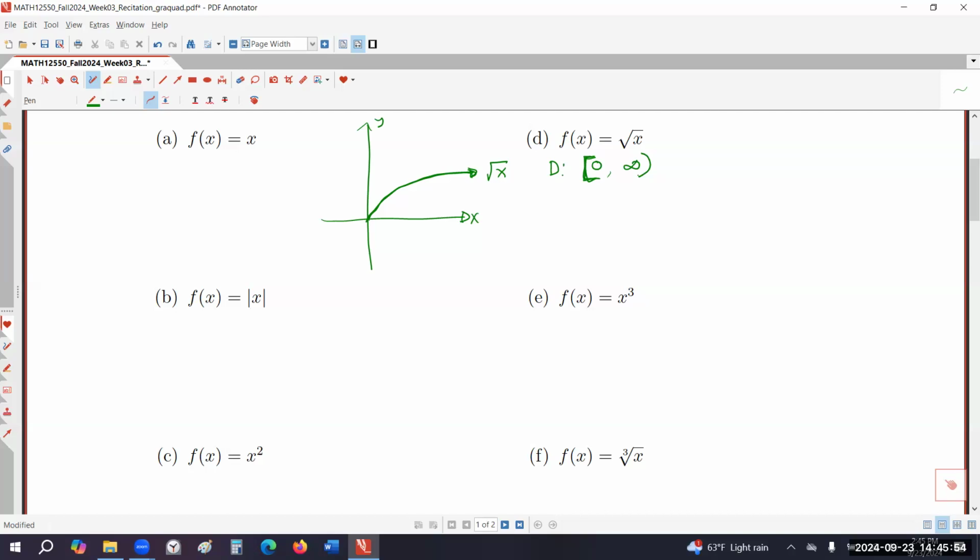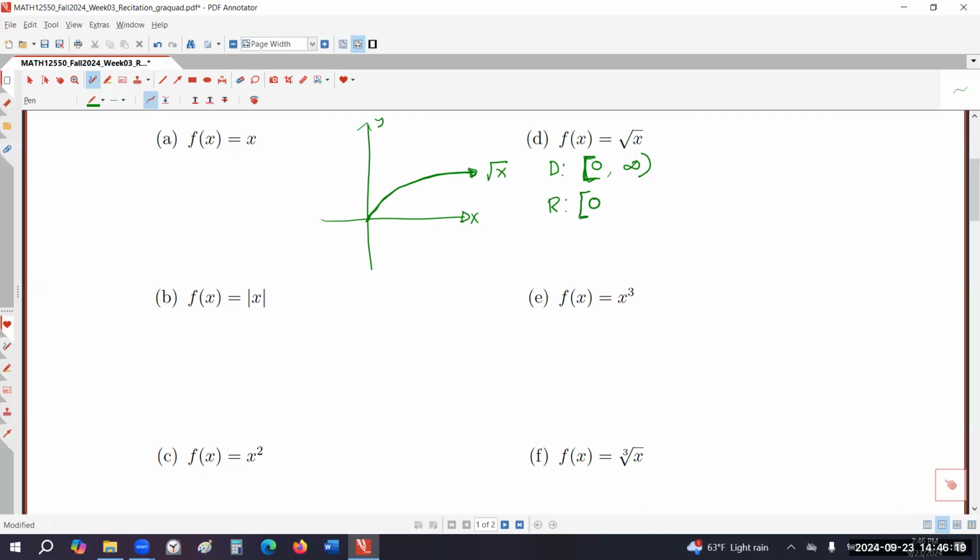So domain means look at the x-axis and see which x values you're applying in the function. Range means which y values you see in the function. So in your graph, what is the smallest y value you see? 0. Just like domain, the smallest y value is 0.